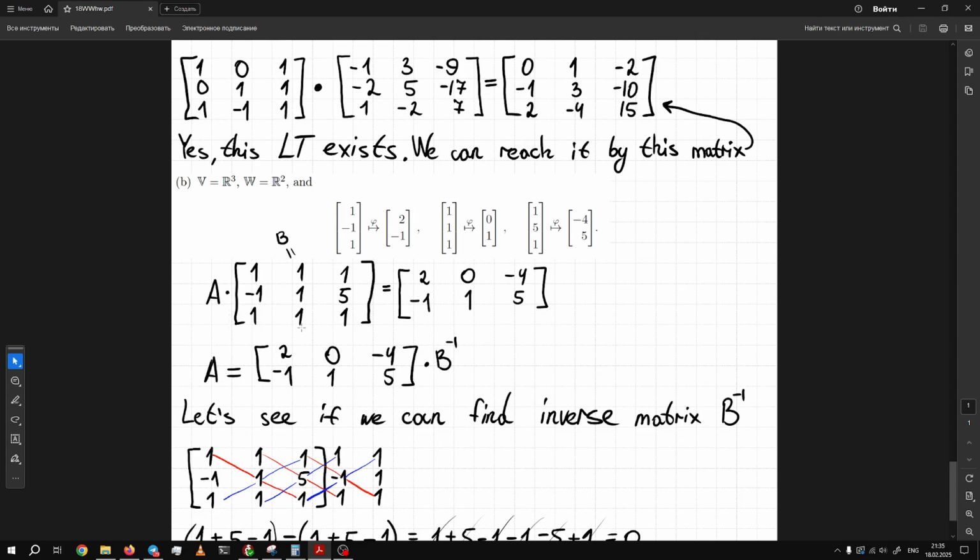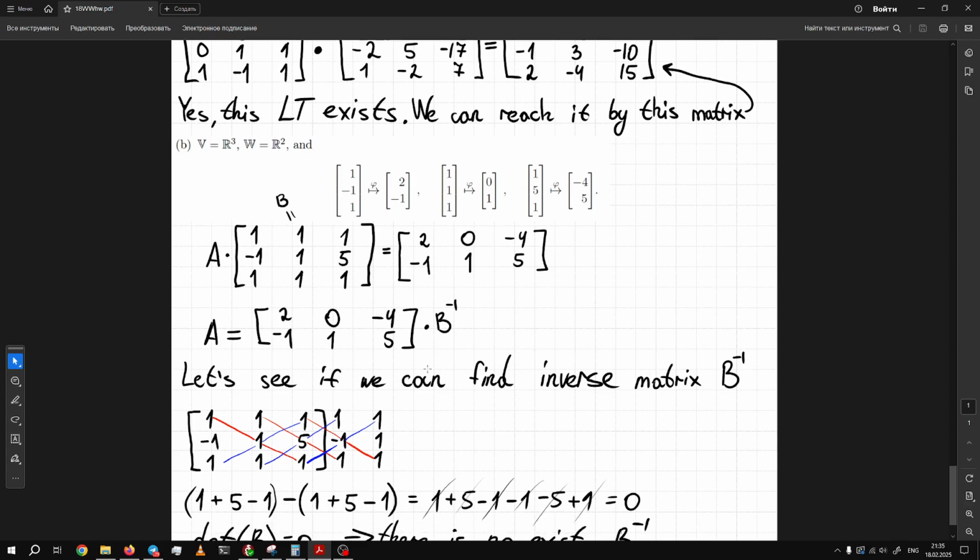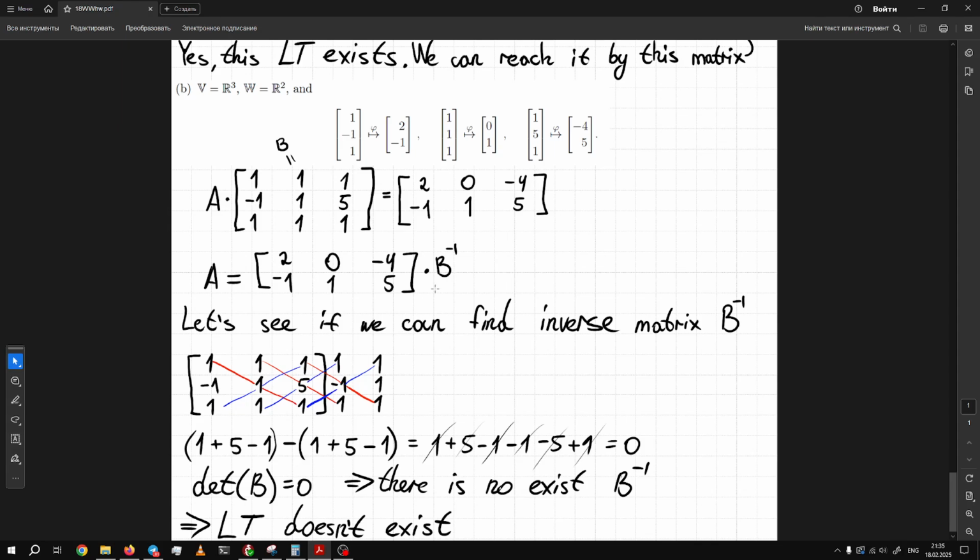A is, as in the previous exercise, equal to this one. And this is a mistake, because we cannot find B to the power of -1.